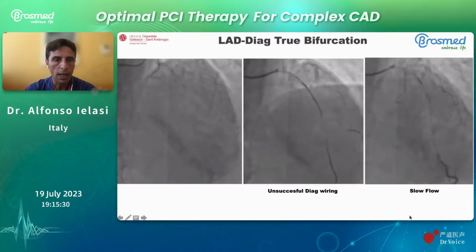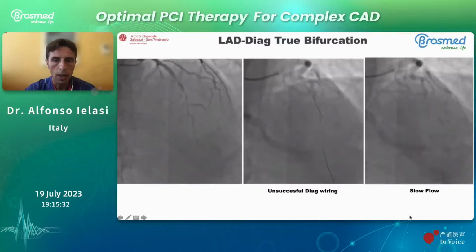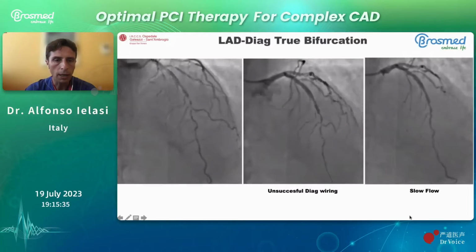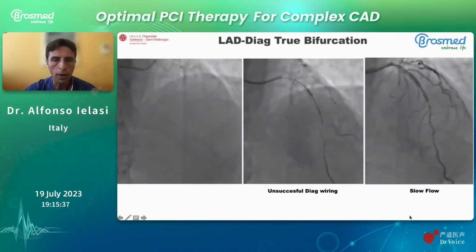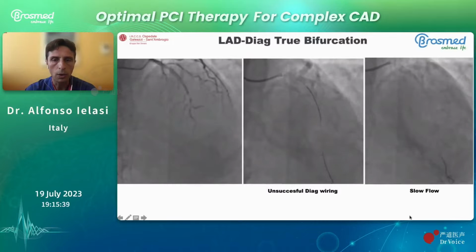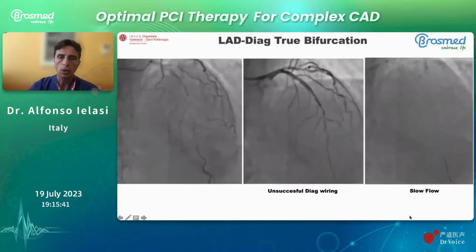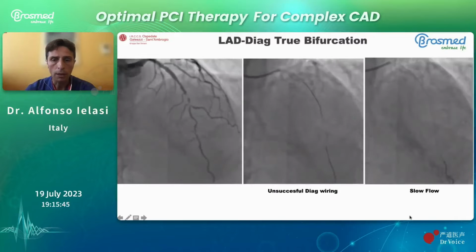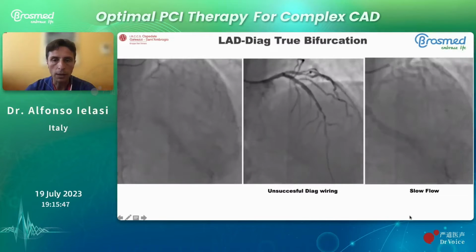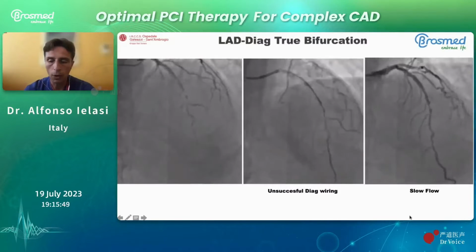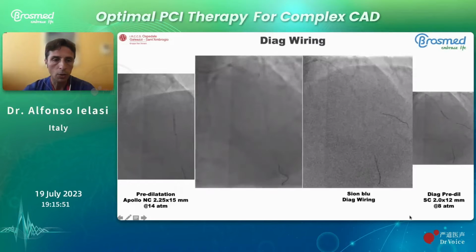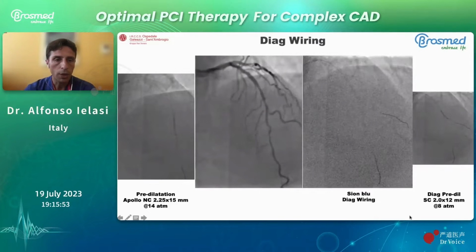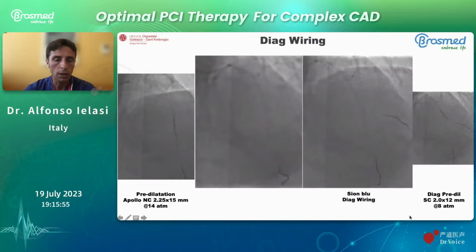Even in this case, the takeoff of the diagonal is relatively angulated, and there is very little room to orientate the wire toward the diagonal. So during the manipulation with a BMW wire in order to wire the side branch, there was a slow flow. So pre-dilatation was needed in order to increase the flow toward the diagonal.